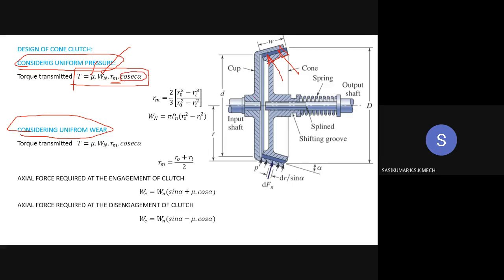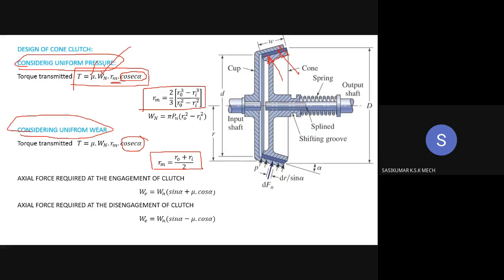As far as the cone clutch is concerned, you just add this cosecant alpha, in both the uniform wear and uniform pressure condition. The mean radius for uniform wear condition is this much, and the mean radius for uniform pressure condition is this one. So you may use R_m as this one and this one, depending upon whether you are considering uniform pressure condition or uniform wear condition.